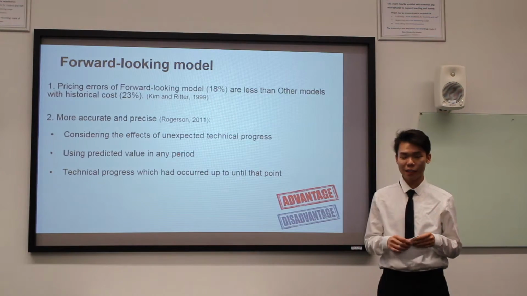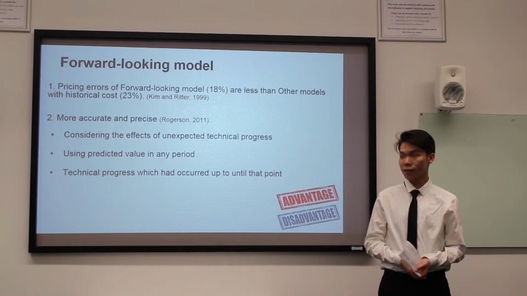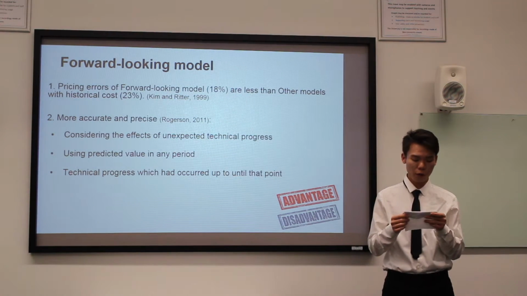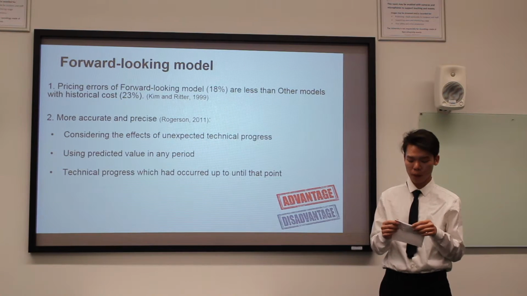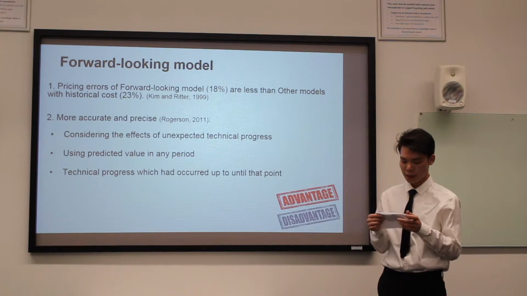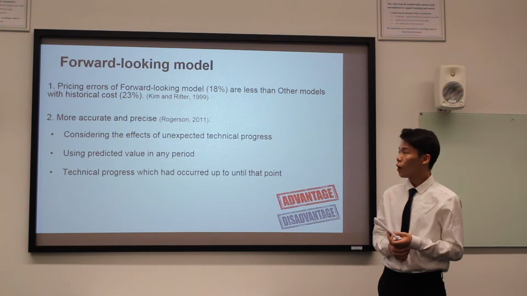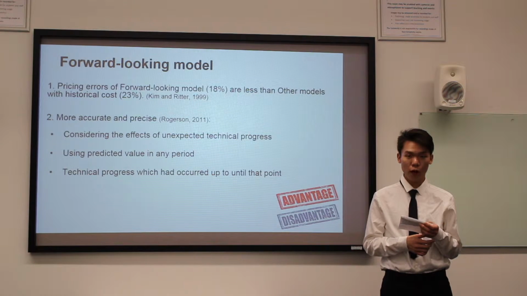In addition, in 1999, Kim and Ritter reported that the percentages of pricing error of the forward-looking multiplier and the historical multiplier were 80% and 23%. In 2011, Rigelson indicated that the forward-looking model is more accurate.